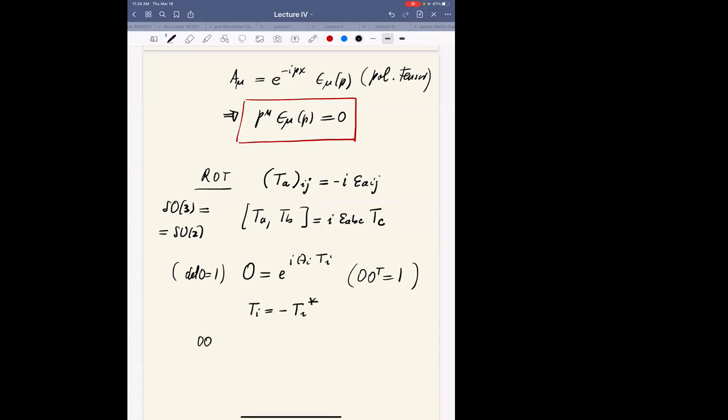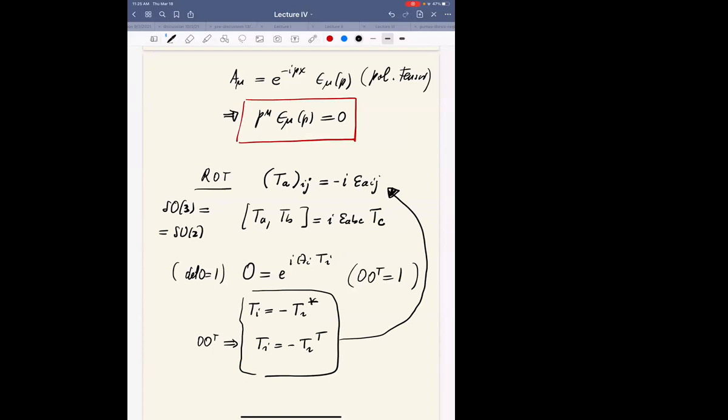And from O transpose O equals 1, you get immediately that Ti is minus Ti transpose. There are 3 such matrices. Here they are. The normalization factor comes from the need to satisfy commutation relations. This you should remember. But if not, here it goes.